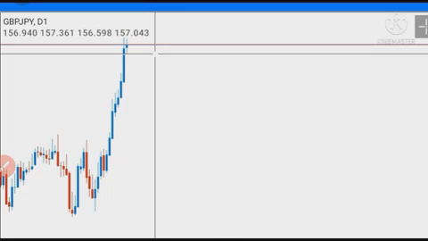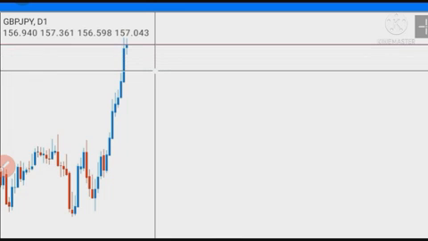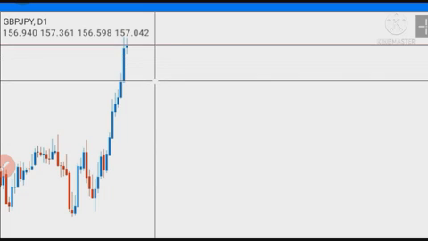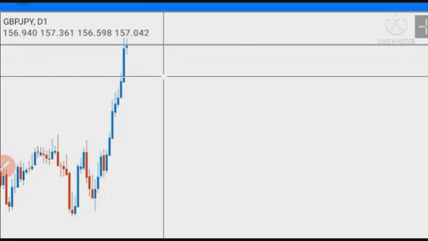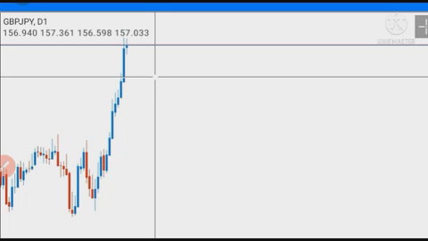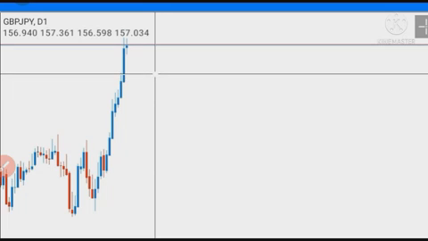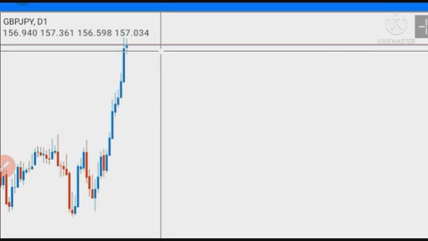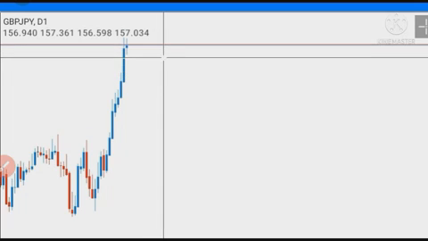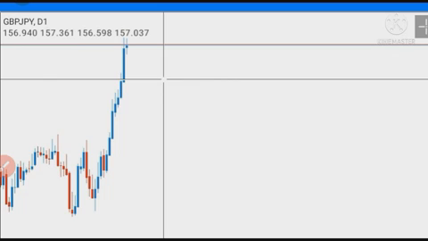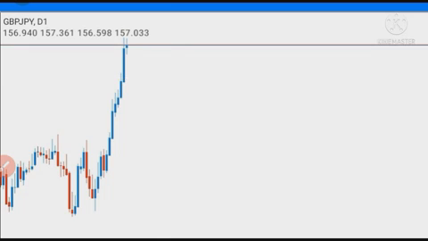You can see that the wick of that number three candle is not touching the wick of this last number three candle here. Take a look. Between this wick where my cursor is, and this wick here, there is a gap. That is what is known as inefficiency in price.